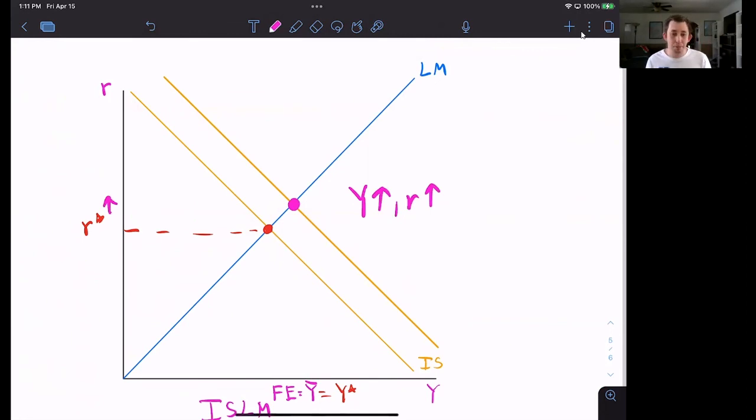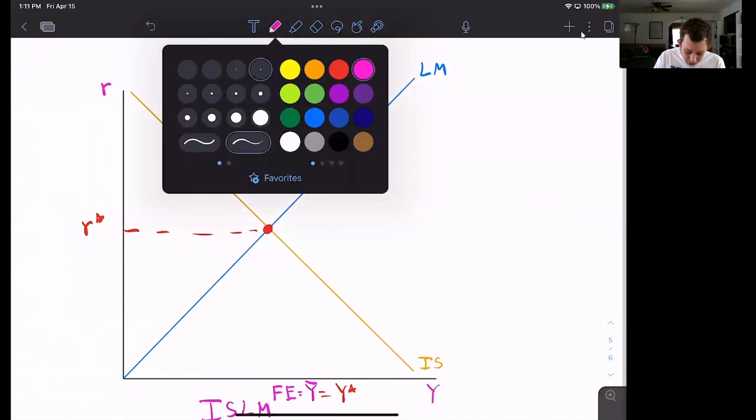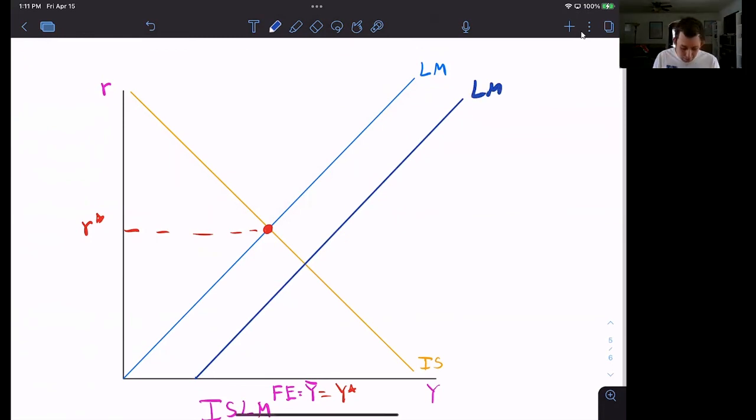So we have pro-cyclical real interest rate. Now, if I do the opposite, if I shift the LM curve, something like this, where now I am making the output go up, but notice that my interest rate has gone down, even though my Y has gone up. So hopefully this gives you a little better idea of how shifts in the ISLM model work and what it means to be pro-cyclical or counter-cyclical.